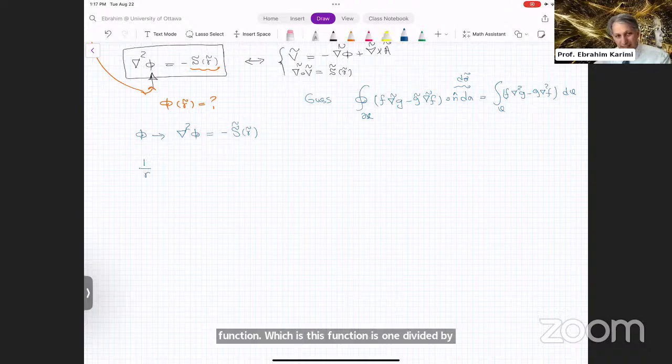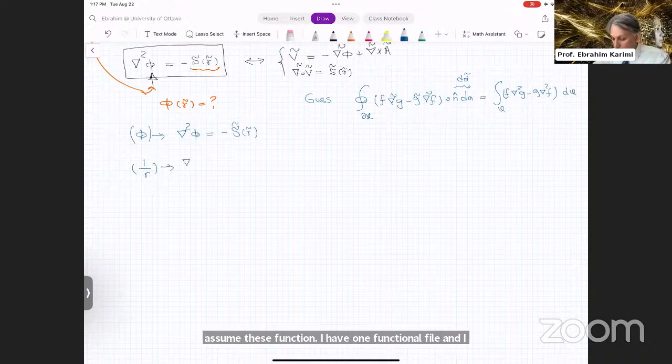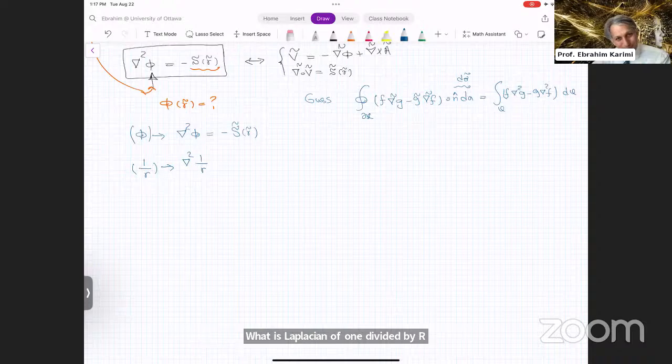Later on, you will see that it has a certain name. Let's assume this function. I have one function of phi, and I have this function. What is happening with the Laplacian of 1 divided by r? What is Laplacian of 1 divided by r? Do you remember that?